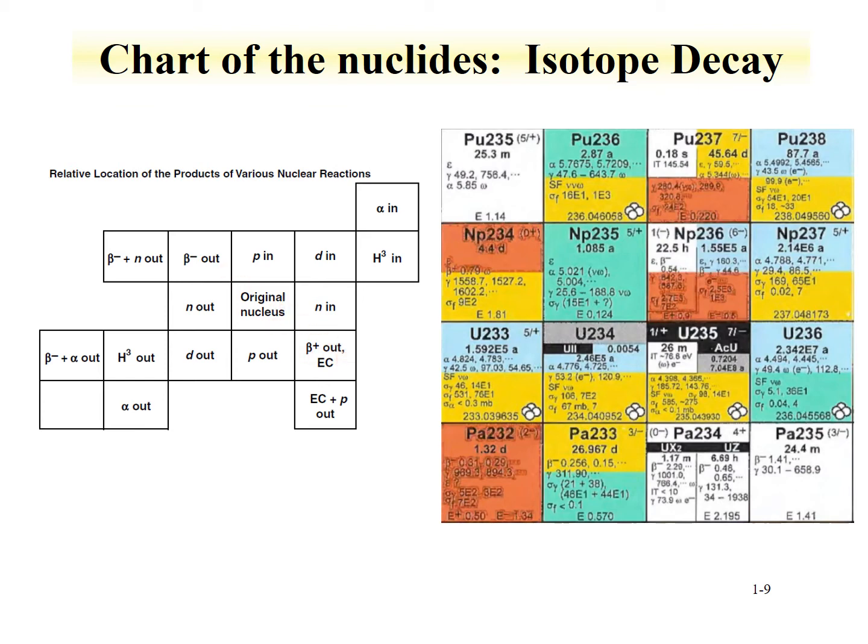So let's take a look at an example of an area of the chart of the nuclides. If we look at something like plutonium-235, this symbol here is electron capture. So plutonium-235 decays, if I follow here, goes this way, and it decays to neptunium-235.